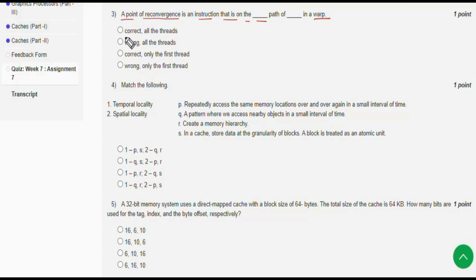The options are: correct and all the threads, wrong and all the threads, correct only the first thread, wrong only the first thread. So here the first option will be the correct answer. A point of reconvergence is an instruction that is on the correct path of all the threads in a warp. Okay, so I select that one.